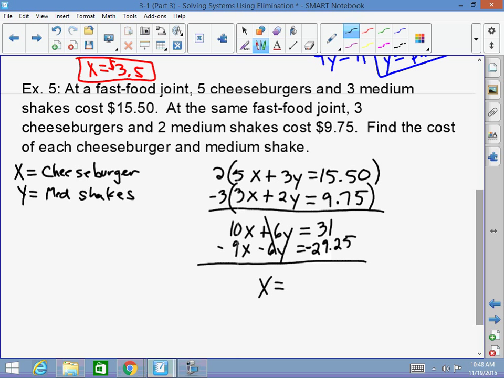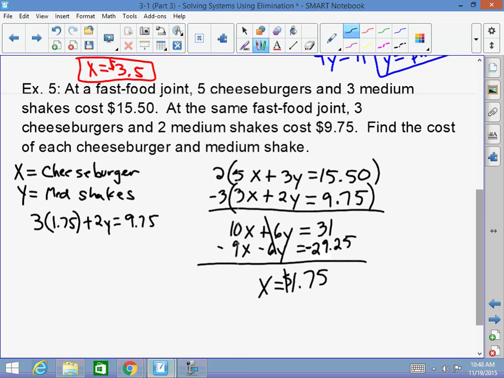X equals, should be 31 minus 29.25, 1.75. So it's $1.75 for every cheeseburger. Now plug that sucker back in and find the y. So I've got 3 times 1.75 plus 2y equals 9.75.